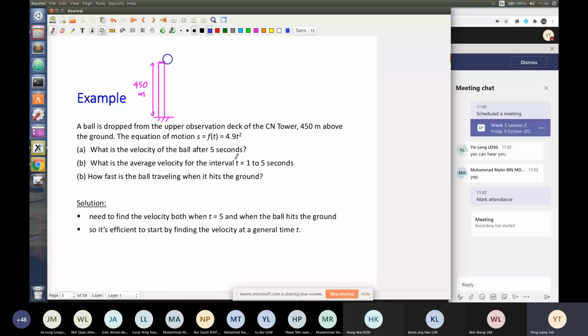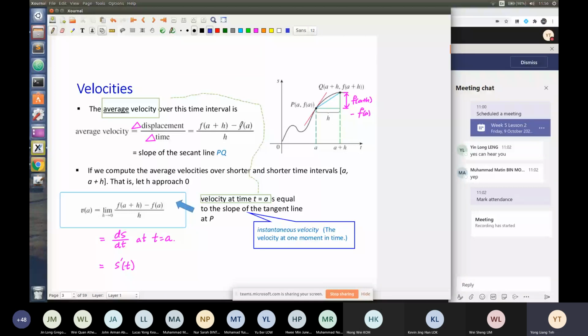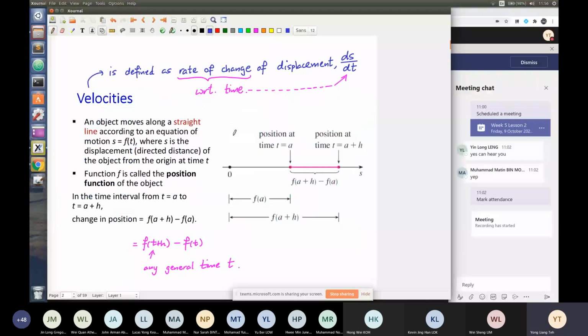Then I have to ask you a conceptual question. If you look at this function equals 4.9 t squared, can you tell me where the reference point is? The reference point is at t equals 0. So this is the origin of displacement of S of t.